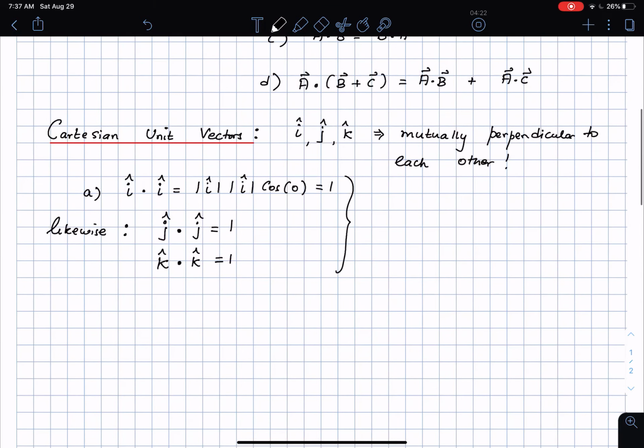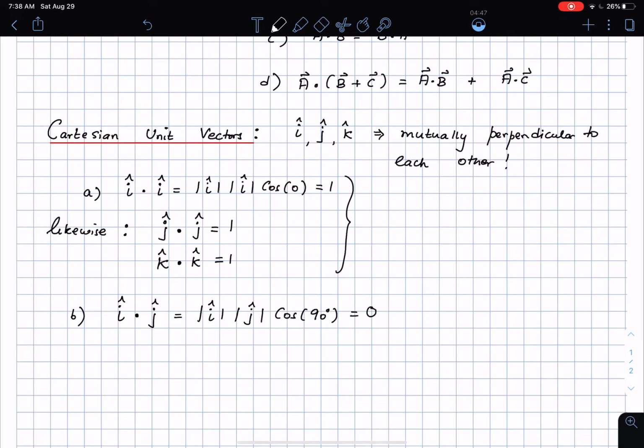Then I can also do the following. I can take the vector i dotted with the vector j, and what do you think is going to happen? That's the magnitude of i, magnitude of j. The magnitude of a unit vector is equal to 1, right? So there is not much of a problem there. But then the angle between i and j is 90 degrees, so cosine of 90 degrees is actually 0.